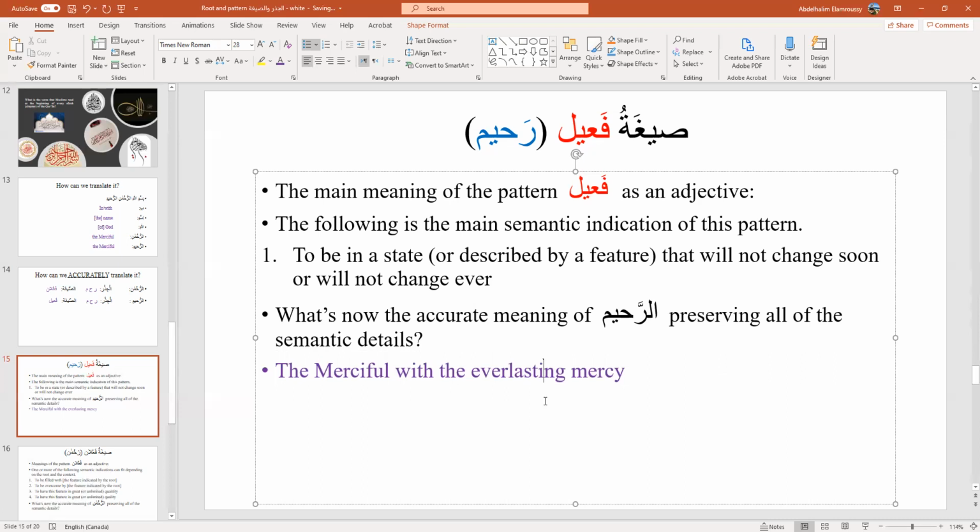So again, the word Rahim is following the pattern fa'il. The pattern fa'il indicates the one possessing a feature or the one who is in a state that will not change soon, or in this case will not change ever. So Ar-Rahim means the merciful with the everlasting mercy.